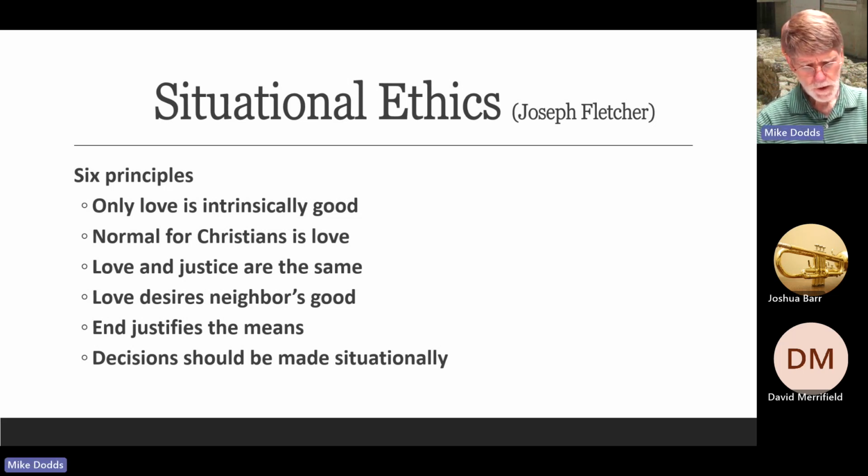Do I know the total situation? What's included in the word love? How do I determine that word love, the meaning of it? Is situational ethics selective? Does situational ethics take sin seriously? Those are questions we've got to ask.